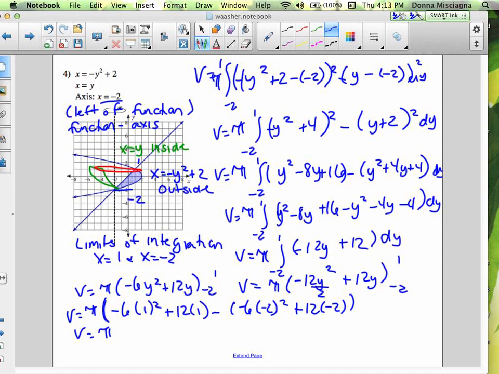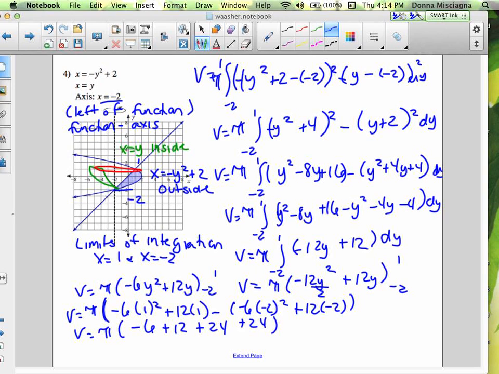Volume is pi times, that's going to give me negative 6, positive 12. Negative 2 squared is going to be positive, so that's going to be 4. Negative 6 times 4 is a negative 24. And then minus a negative 24 is a plus 24. And then we'll have a minus 24. We distribute that, we'll have another plus 24.